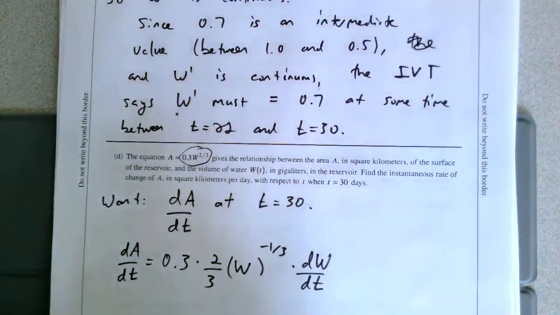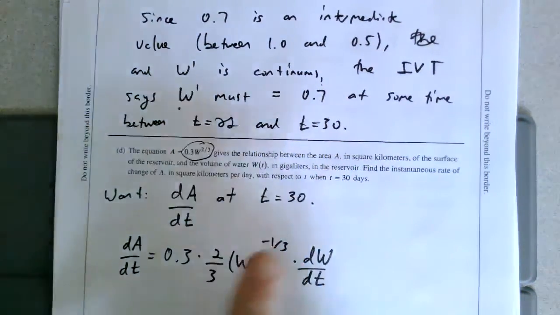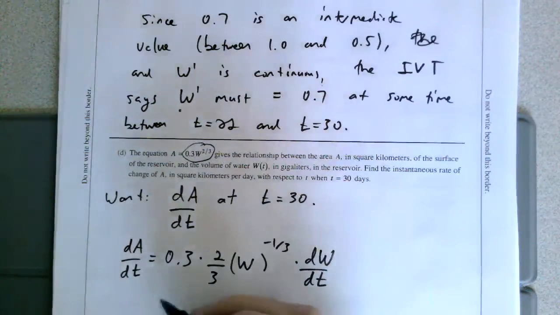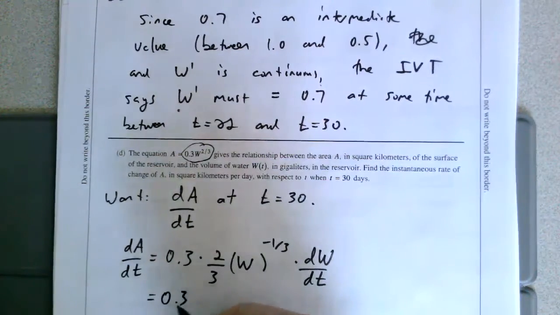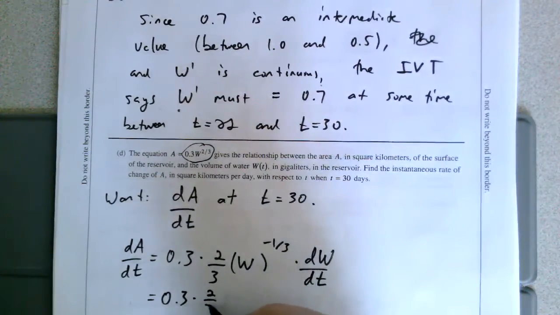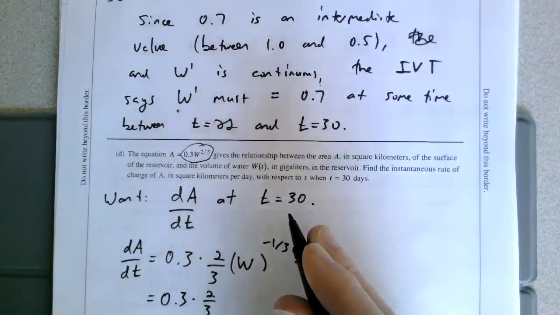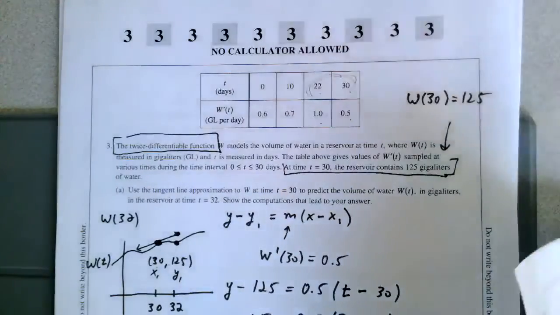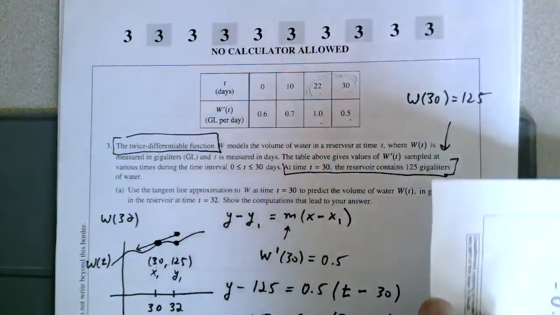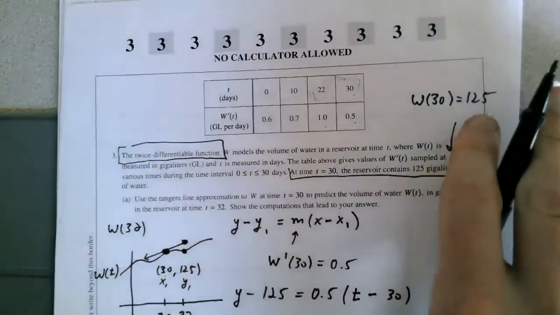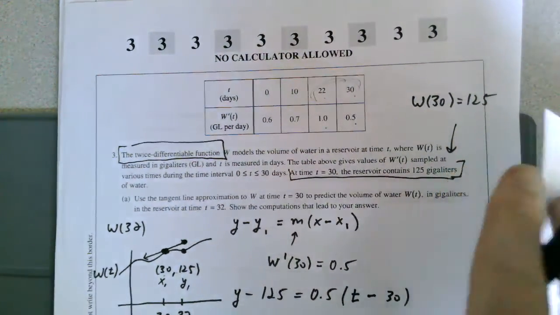So you want to find dA/dt when T is equal to 30, so you just need to evaluate the right-hand side at 30. That's pretty easy to do because, so 0.3 times 2/3, W evaluated at 30, we know what that is. W of 30 is 0.5, right? Or no, sorry, that's W prime. W of 30 is 125. We're told that right at the beginning.